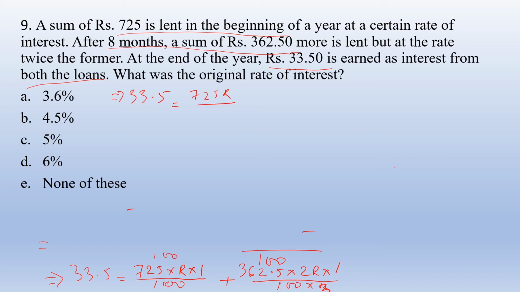So from here it follows 33.5 is equal to 725 R divided by 100 plus 362.5 multiplied by 2R divided by 300.